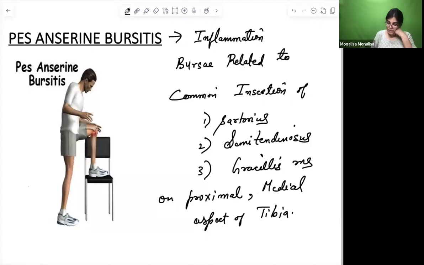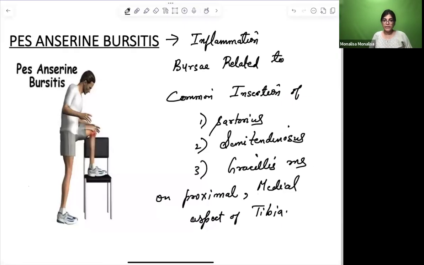So insertion of sartorius, semitendinosus, gracilis muscle on the proximal medial aspect of tibia will lead to pes anserine bursitis. Got it?